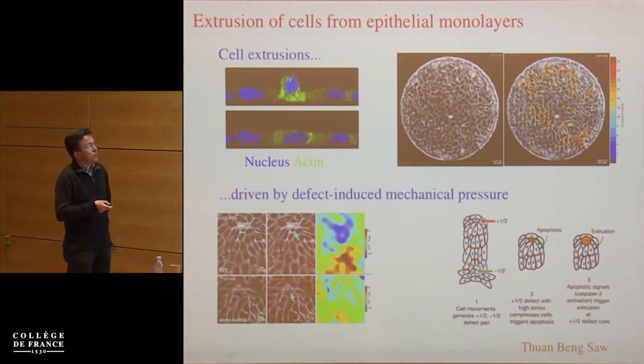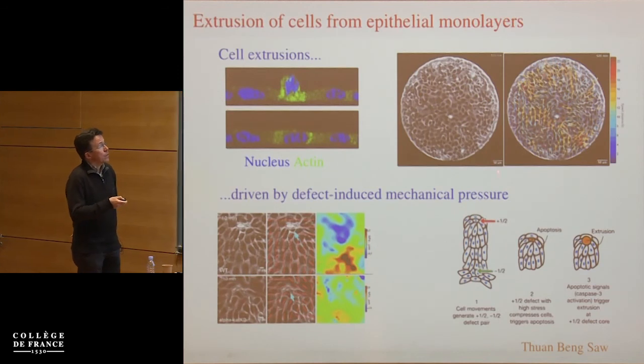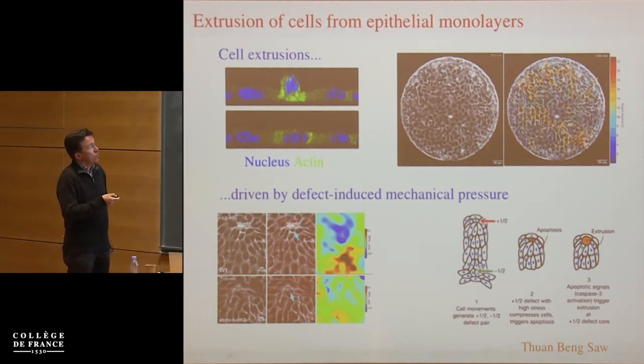Our conclusion from so many experiments and many converging observations is that in these cell monolayers, plus 1/2 and minus 1/2 defects of the elongation field are continuously generated as pairs. Close to the plus 1/2 defects, regions of large pressure occur which act on cells to trigger the process of cell apoptosis and of cell extrusion.